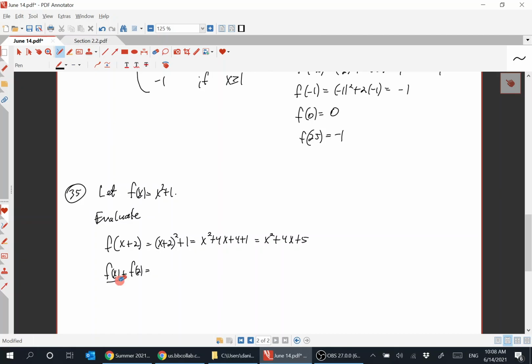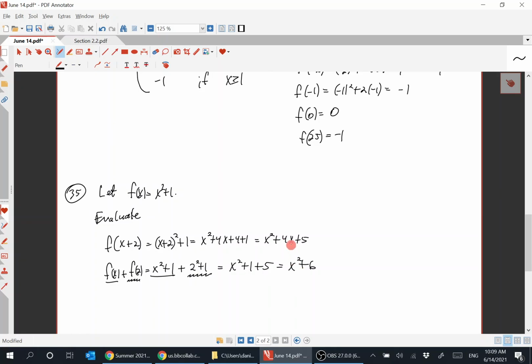That's just x squared plus 1. Now, plus, what about f of 2? f of 2 is 2 squared plus 1. So this becomes x squared plus 1 plus this number here is 5. So that's x squared plus 6.